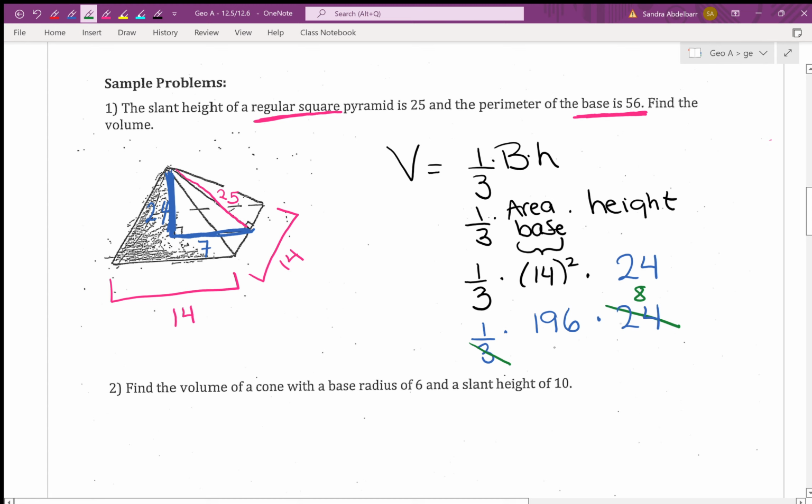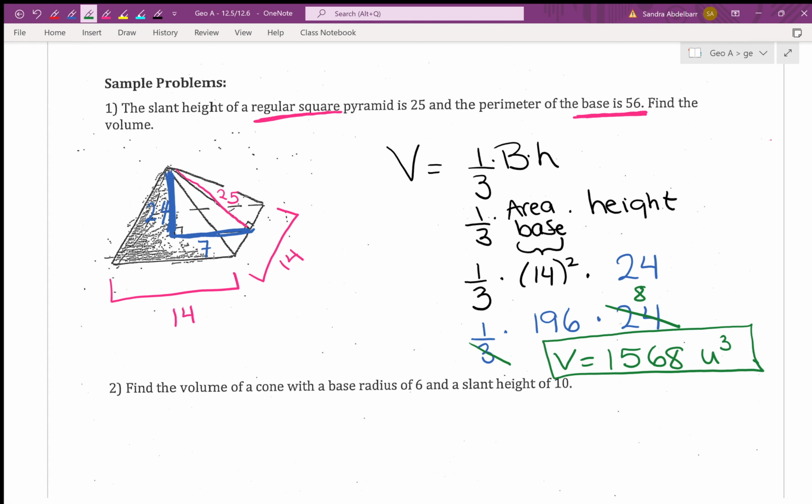Say it one more time, Holly. $1,568? Yeah. Okay. 1,568 units cubed. Okay, we ready for the next one? Or are we still copying?